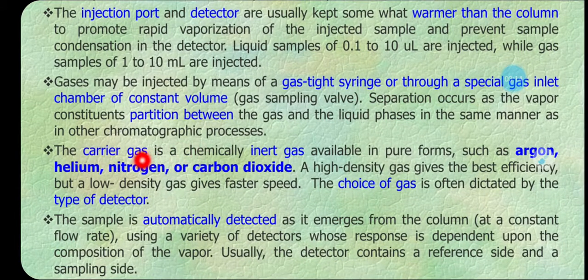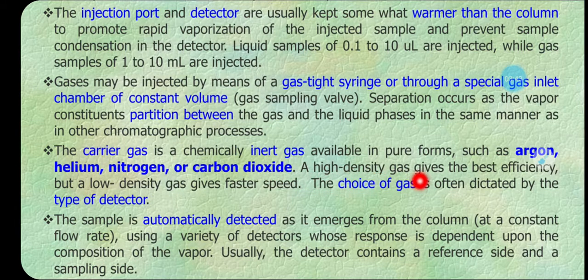Next, the carrier gas or mobile gas is chemically inert, so it should not react with the sample or the stationary phase in the column. The carrier gas should be inert and easily available in pure form, such as argon, helium, nitrogen, and carbon dioxide.